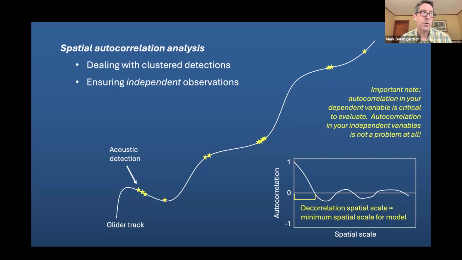Let's say your dependent variable has a decorrelation spatial scale of, I don't know, I'll just make it 5 kilometers. But you have an independent variable that doesn't vary a whole lot. It varies over maybe spatial scales of 20 kilometers.